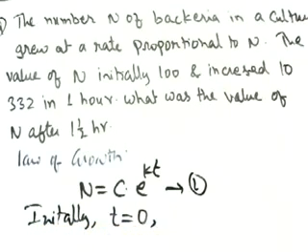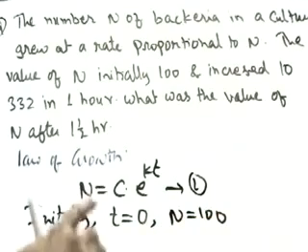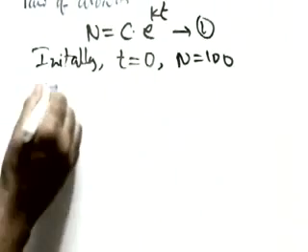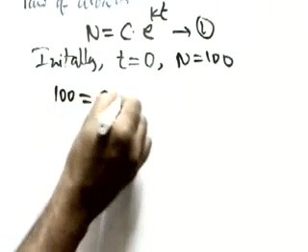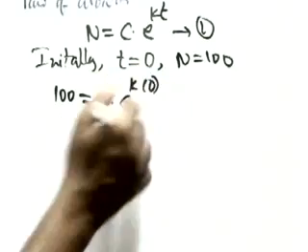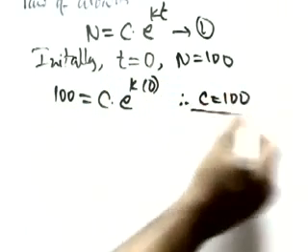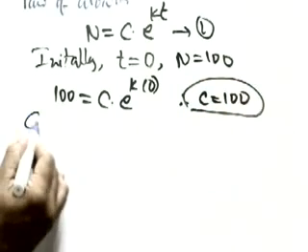Case one is initially; always initially we take time t equals 0. The bacteria initially was 100. Substituting, 100 equals C into e power k into 0. So e power 0 will be 1. Therefore, we get the value of C as 100.